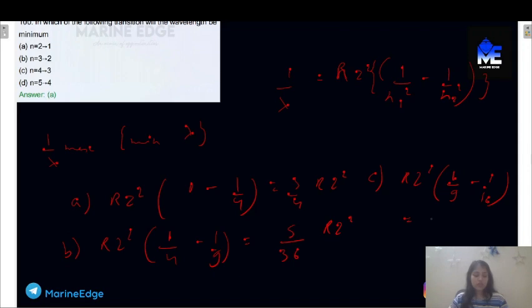That gives us 7 Rz square upon 144. And lastly, for the same thing, we'll get Rz square upon 9 divided by 400. So this will be the minimum value, right?